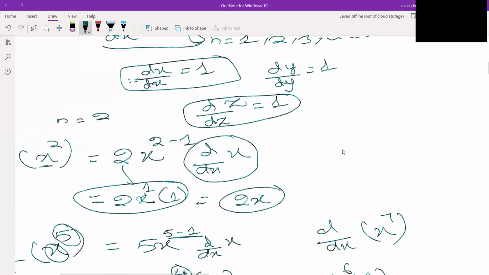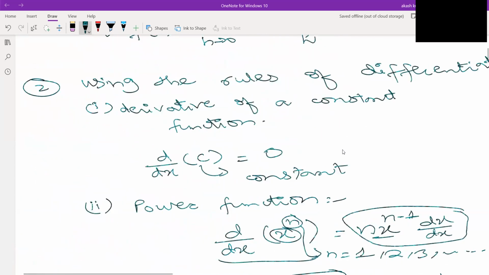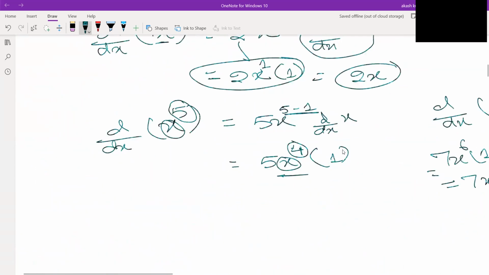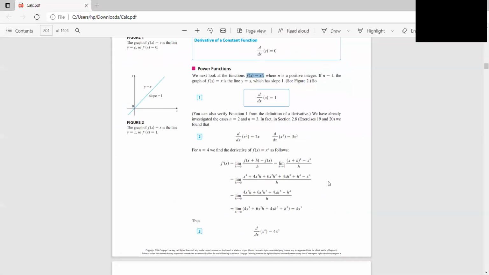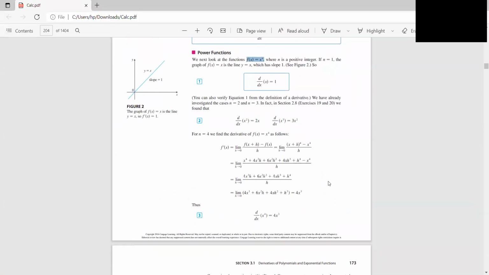Yeah. Okay, so let's move on to our third rule. Let's move back to the book. They have just done examples like x square.